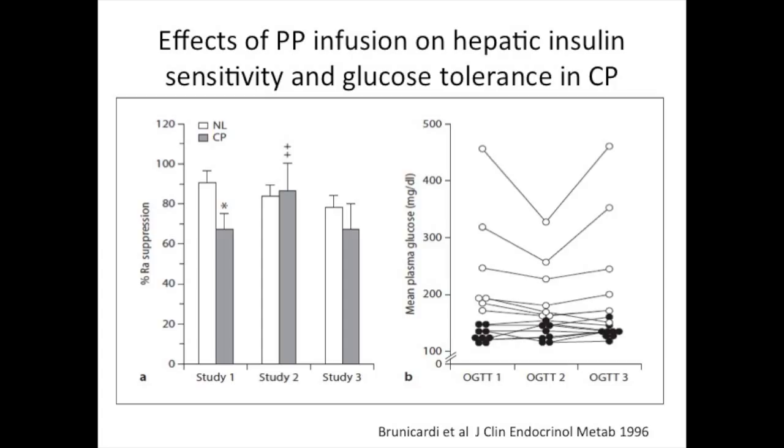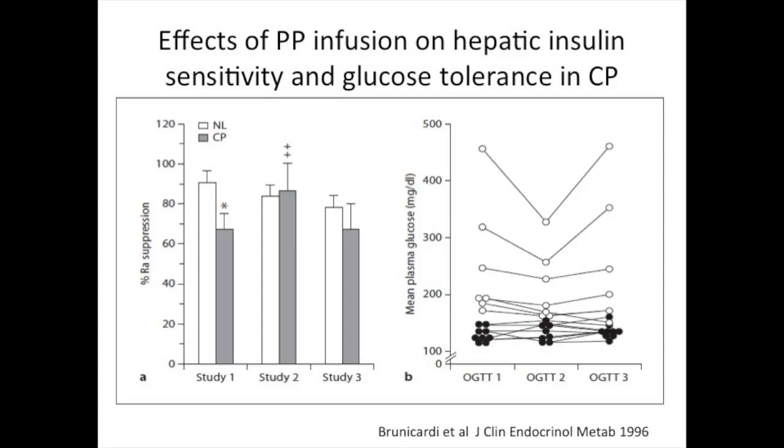This was a glucose tolerance test given before, 1 day after the 8-hour infusion of pancreatic polypeptide, and 1 month later. And what you see is that all of the patients with diabetes or impaired glucose tolerance had a lower mean plasma glucose level during the glucose tolerance test after the 8-hour infusion of pancreatic polypeptide.